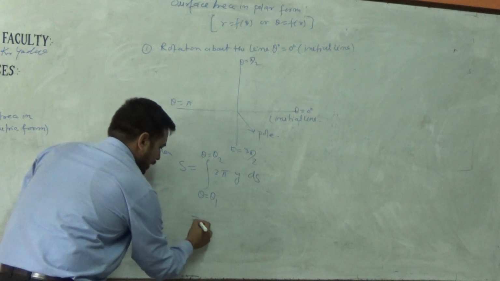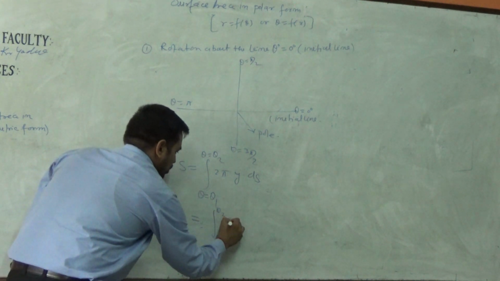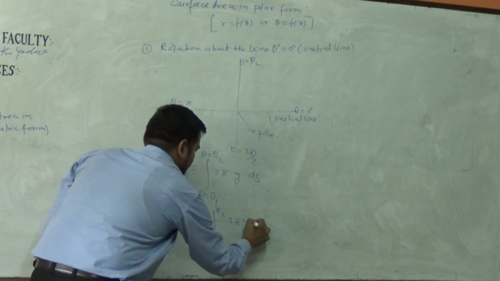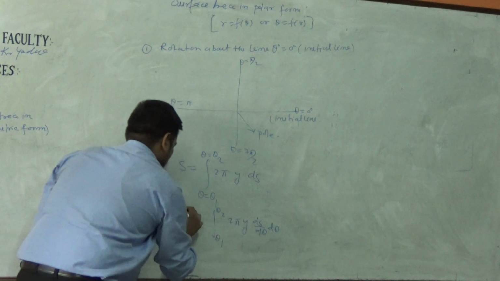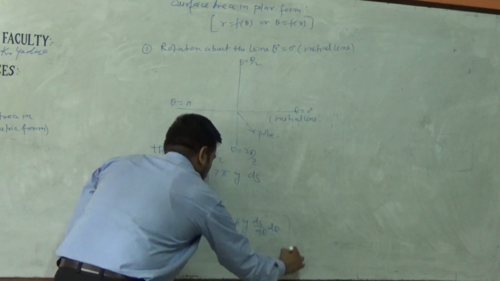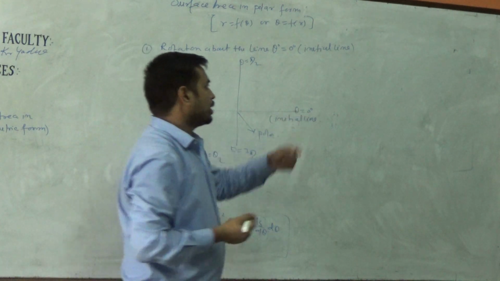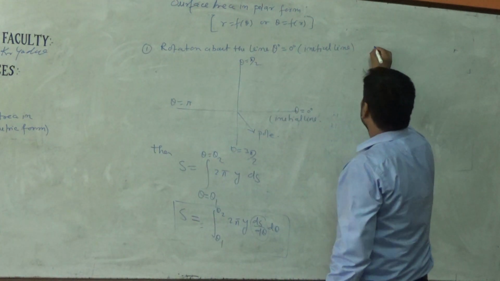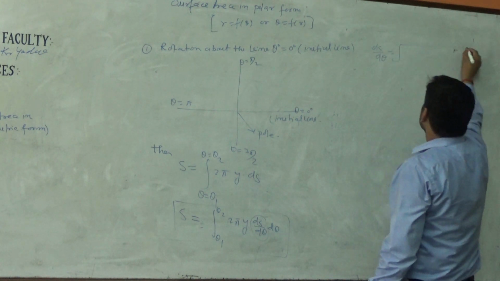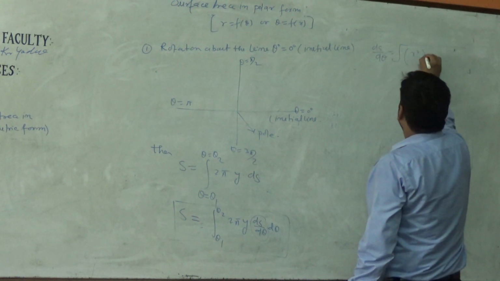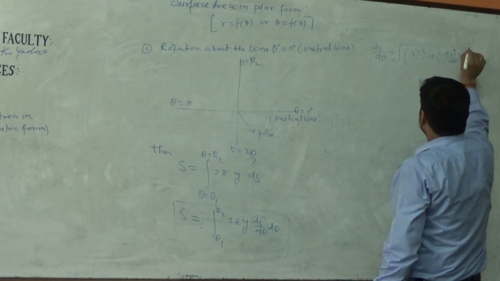Then this formula can be written as the integral from theta1 to theta2 of 2 pi y ds upon d theta into d theta. Here we want to find the value of ds upon d theta. In polar coordinates, ds upon d theta equals under root r square plus dr by d theta whole square.